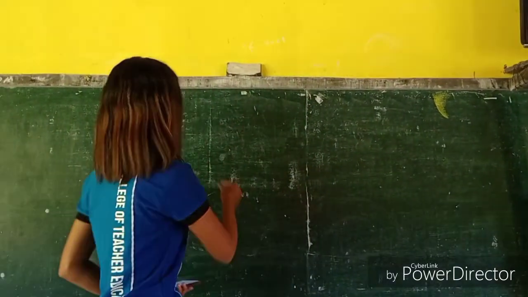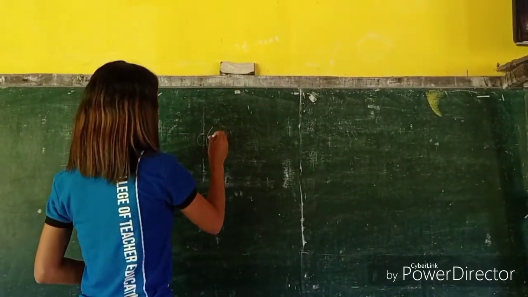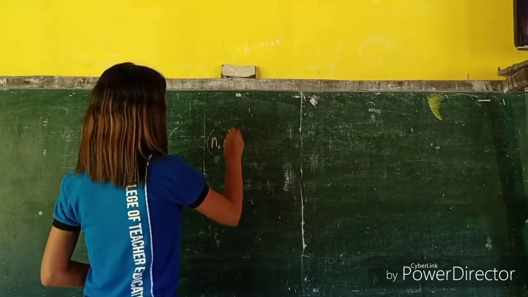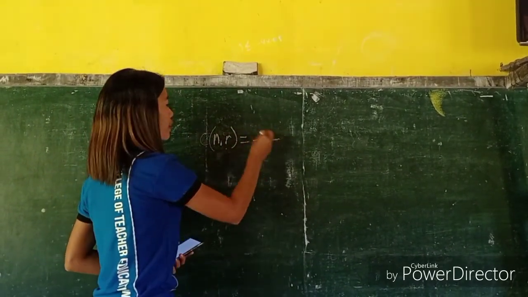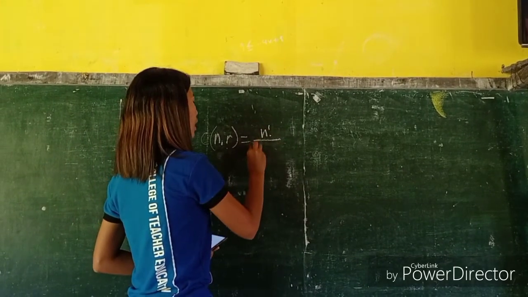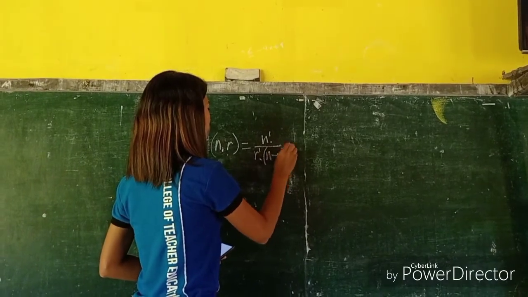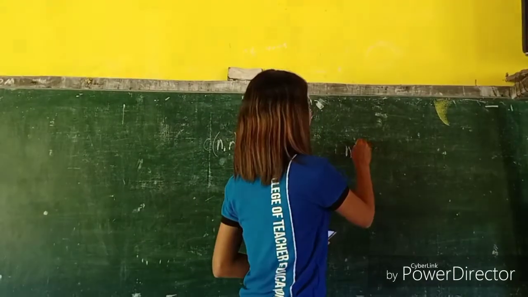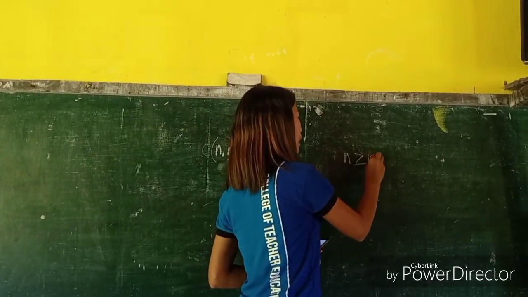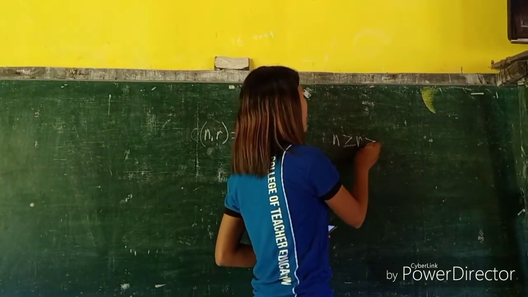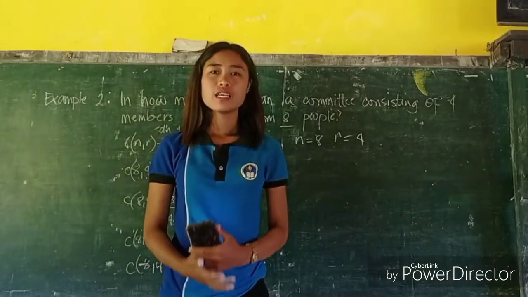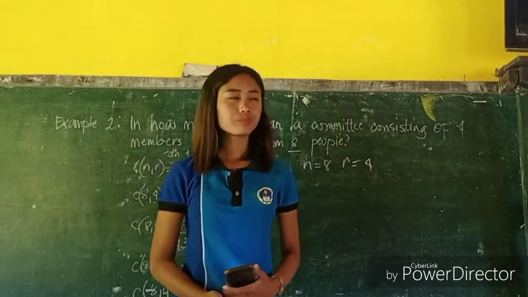The combination of n objects taken r at a time is denoted by C of n, r is equal to n factorial over r factorial times n minus r factorial. And take note that n is greater than or equal to r, and r is greater than or equal to 0. Now let's have example 2.